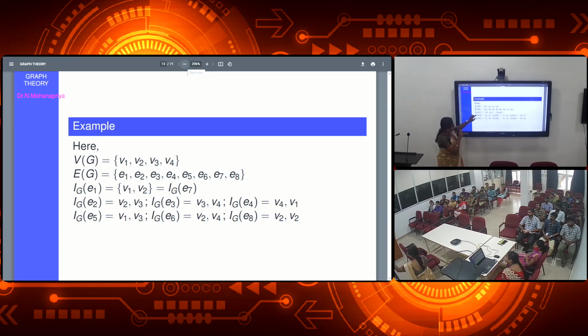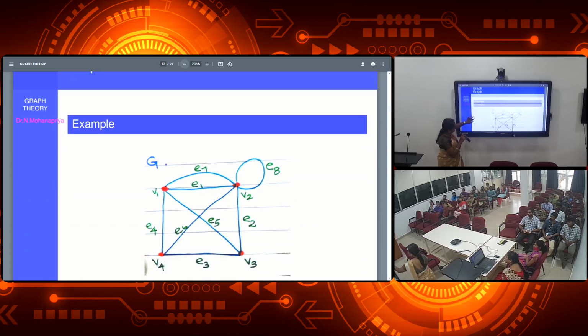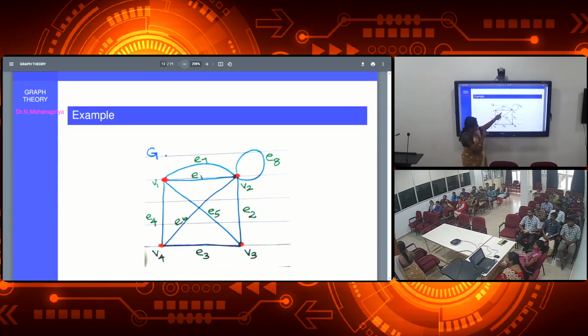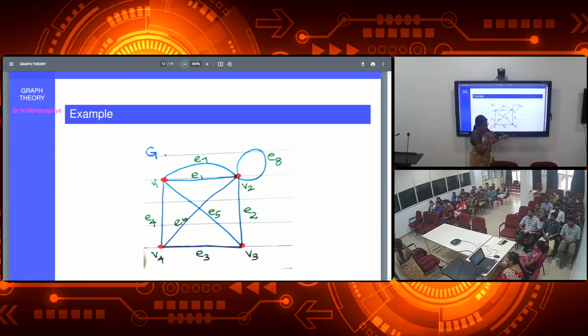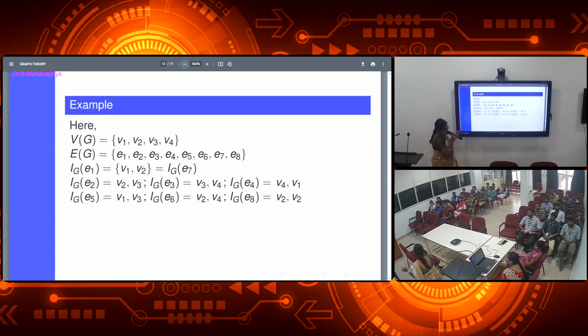So I of G of E1 means that this edge E1 is incident between the vertices V1 and V2. Likewise, the edge E2 is incident between the vertices V2 and V3. Likewise, we can map these vertices and edges.